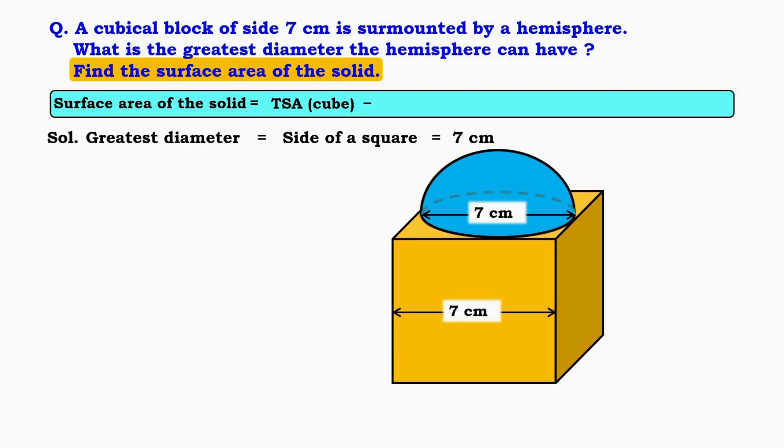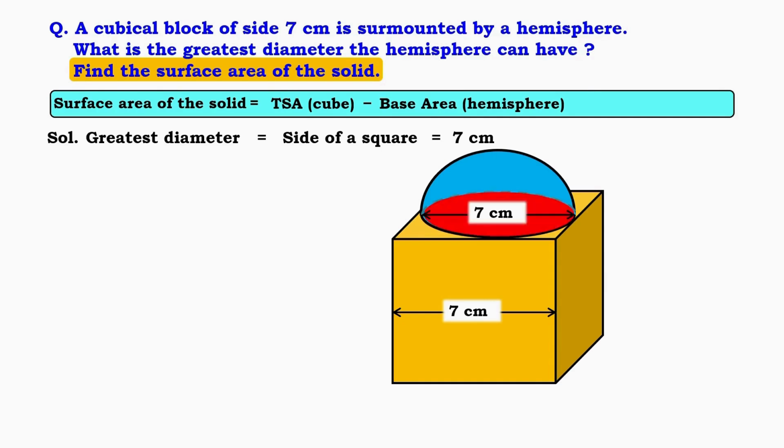And we need to subtract the base of the hemisphere, because whenever we are considering the TSA, that includes the top surface of the cube. But if you take a look, the base of the hemisphere is on top of the cube, right? So that is not visible. Whichever portion is not visible, you can't see because that is inside. So we need to subtract that.